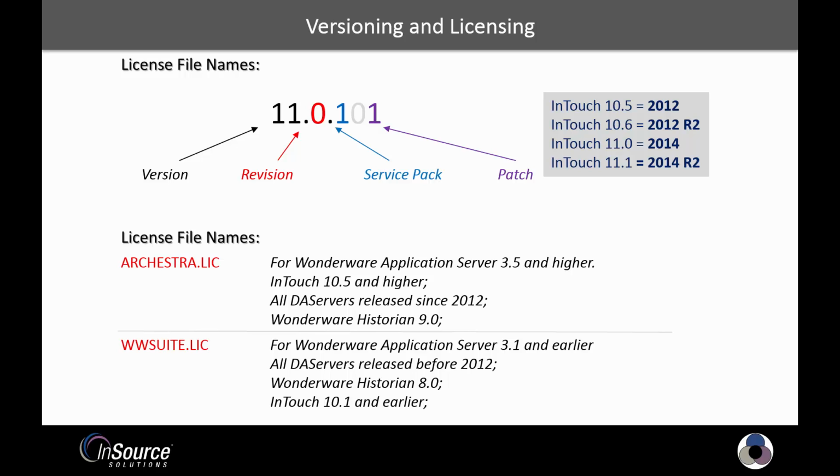If a customer says they're running version 10.6, that immediately tells us that they're running 2012 R2. Version 11.1, that's 2014 R2. It's important that we do not confuse these numbers with the Microsoft operating system and the version of SQL Server.